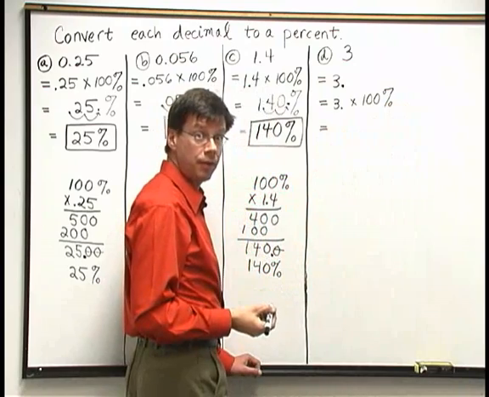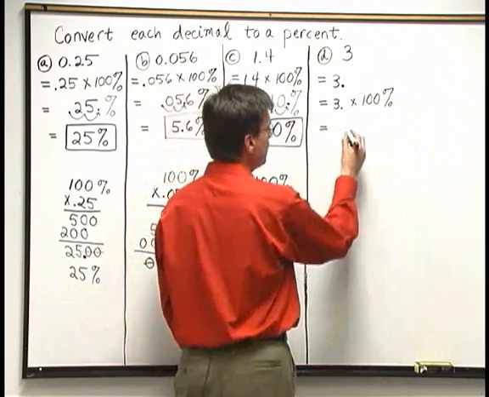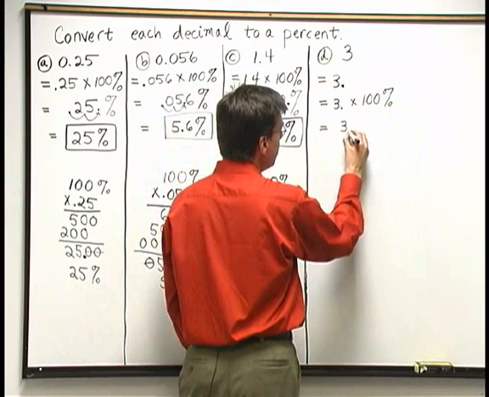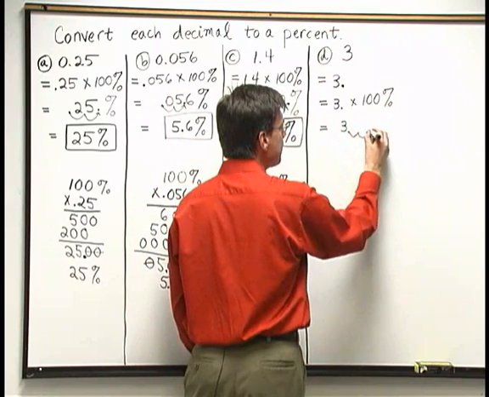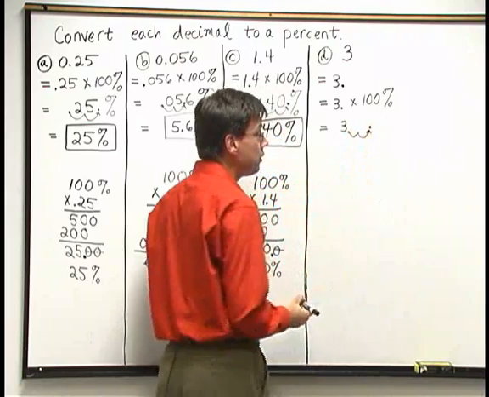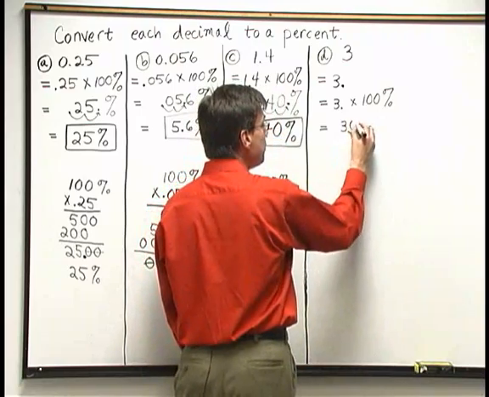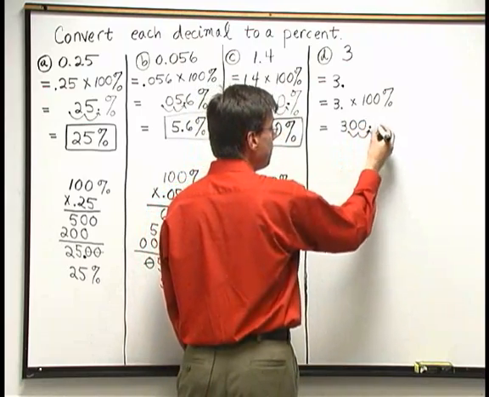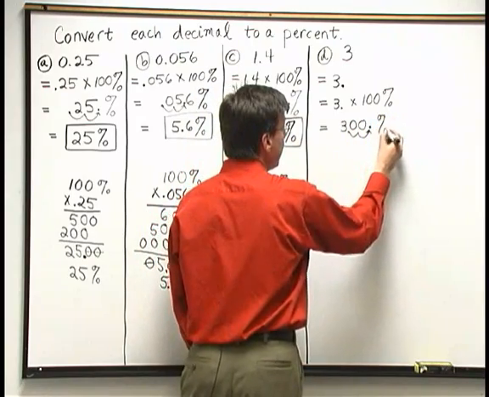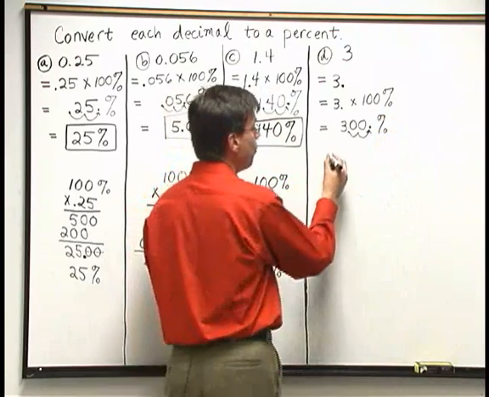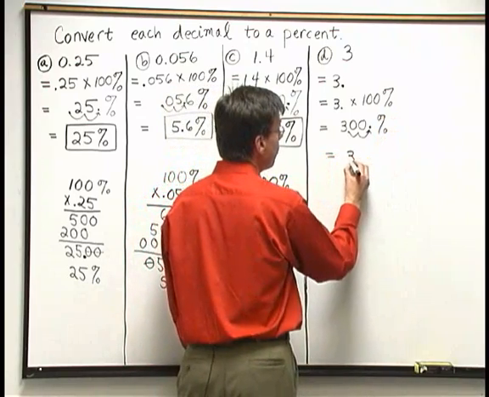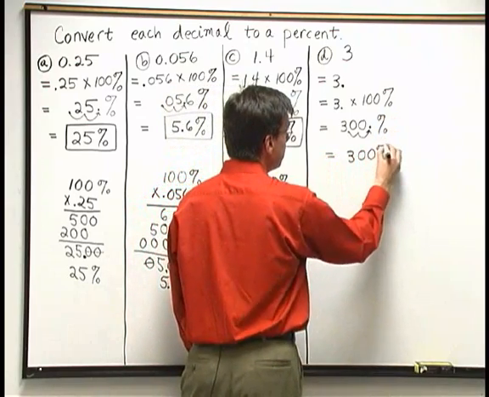Our shortcut method for multiplying still works here because 3 has a decimal point and I can move it 2 places to the right. Now to do that, I need to write 2 zeros to the right of the 3 and then recopy my percent sign. 300 is a whole number, so I have 300%.